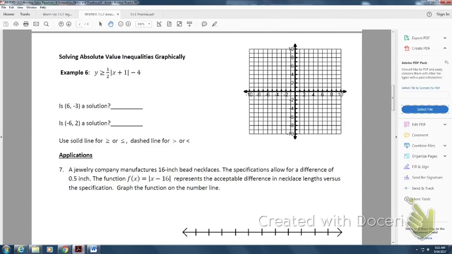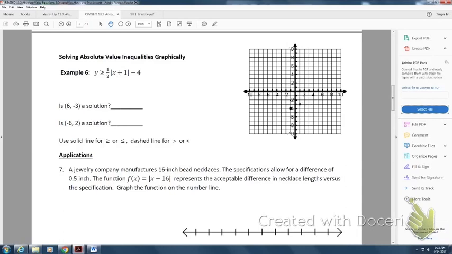So, graphing this, Jacob, what would my vertex be? -1, -4, right? So left 1 down 4. Tanner, what is my A value? 1/2.